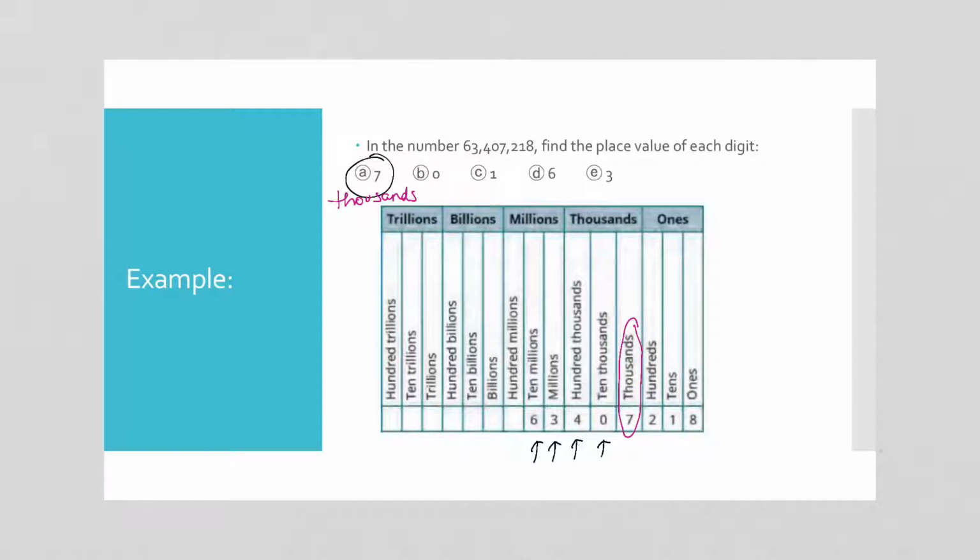The 0 is in the 10,000s. The 1 is down here in the tens position. The 6 is right here in the 10 millions. And the 3 is right there in the millions place.